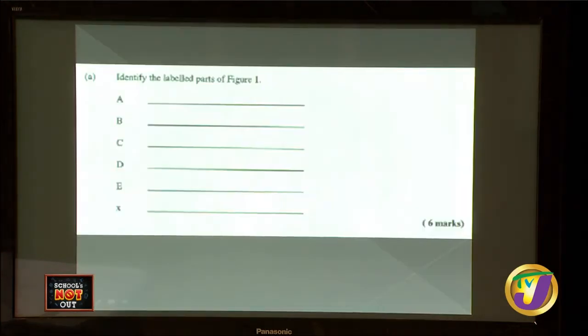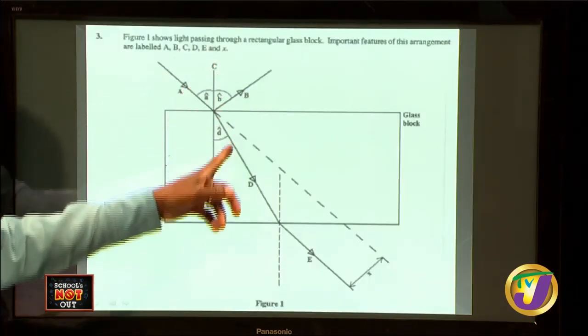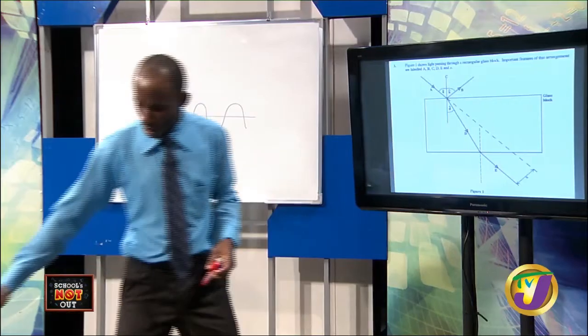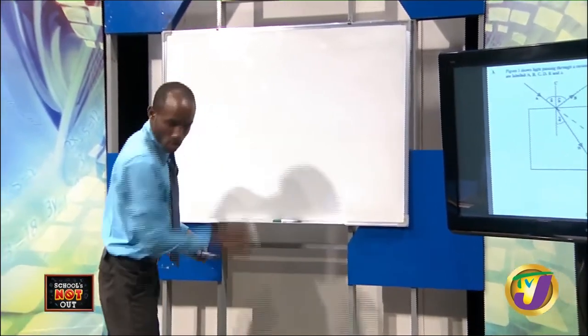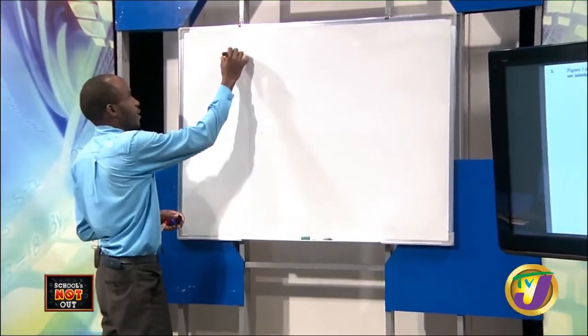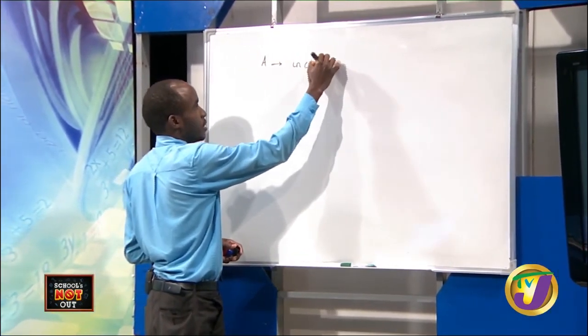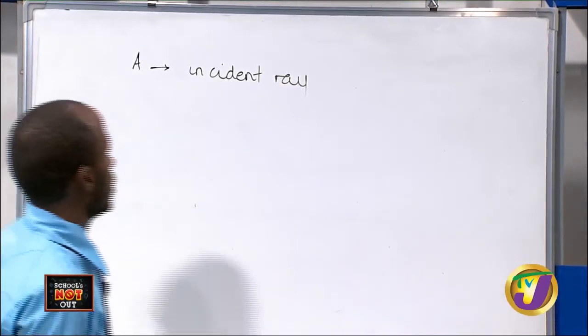Now, with regards to labeling the parts of Figure 1, it asks you for A, B, C, D, and X. So we have A here, B here, C here, D is here, E is here, and X is there. With regards to A, you must identify A as being, come on, you know it, the incident ray, because that's the ray that comes in there.